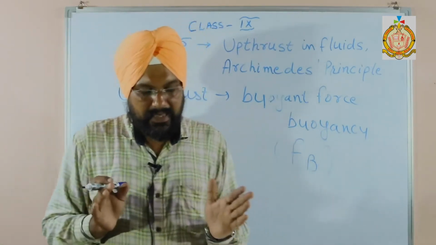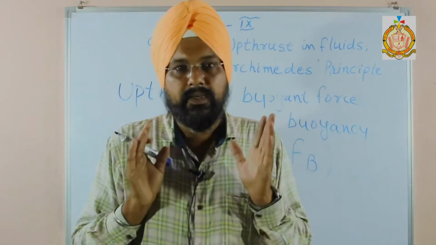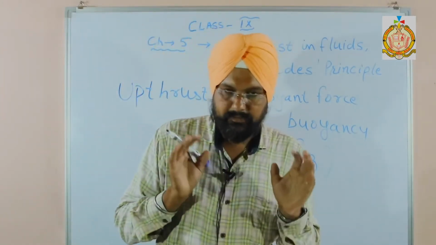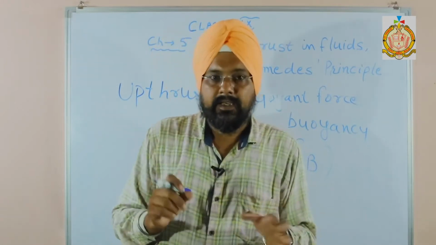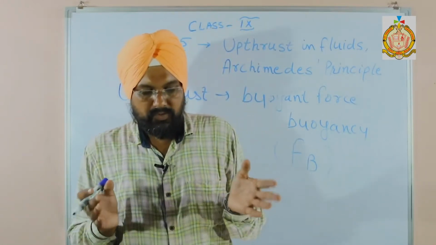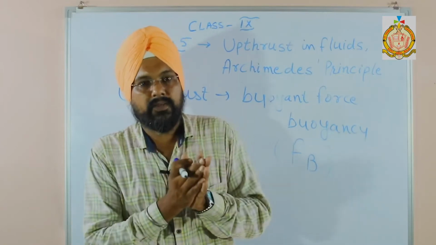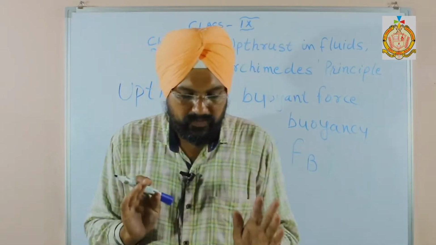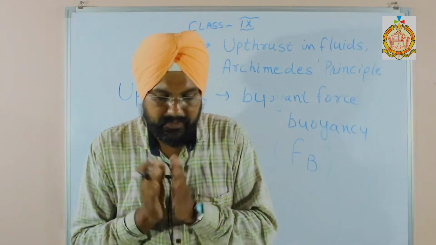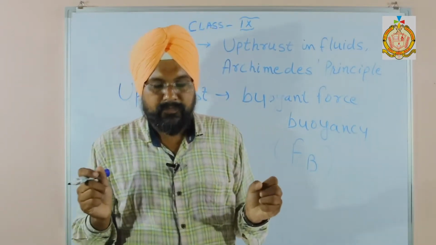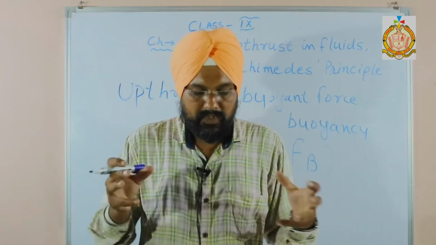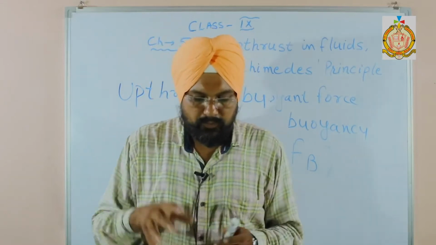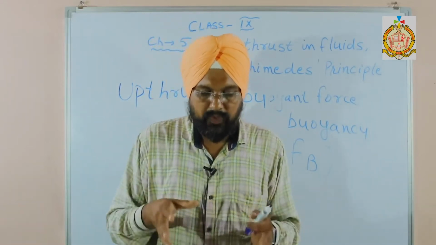The example of pushing an empty tin can is very important, and it is asked by the ICSE and by the board also. To explain upthrust with an example, take an empty can, close its mouth with an airtight stopper, and try to put it in a tub filled with water.